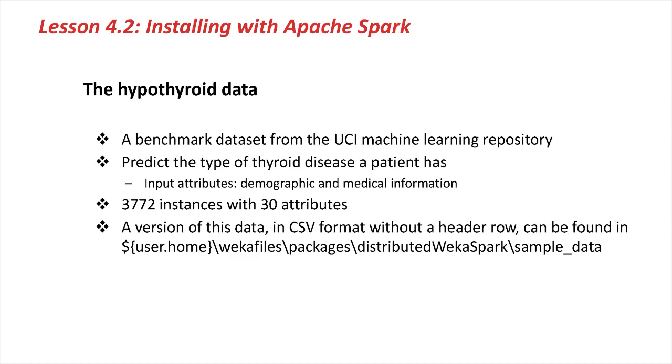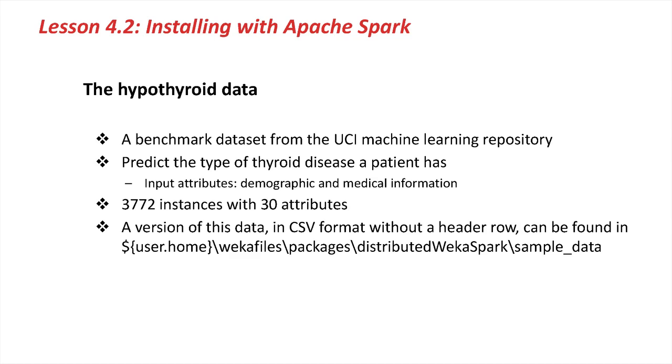In this dataset there are 3,772 instances described by 30 attributes. A version of this data in CSV format without a header row can be found in the distributed Weka for Spark package that you installed just before. If you browse to your home directory and look in wekafiles, packages, distributedWekaSpark in the sample data directory, you'll find it there.